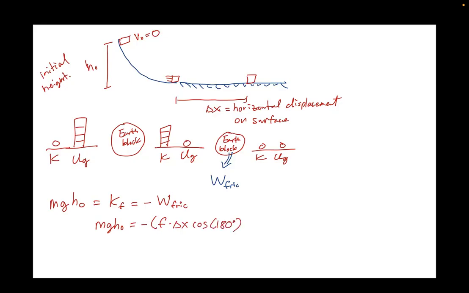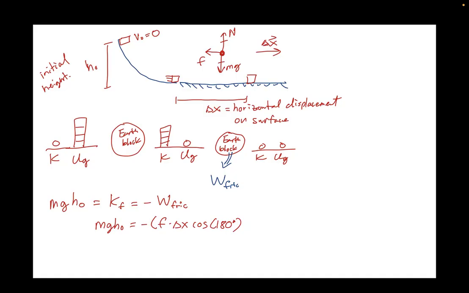If we draw a force diagram here, we'll have a gravitational force and a normal force, which should be balanced with each other, and then we'll have our friction force. That friction force is 180 degrees from the displacement, which is where that theta comes in to be 180.